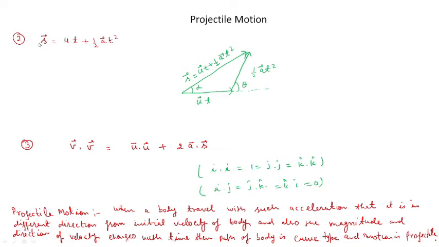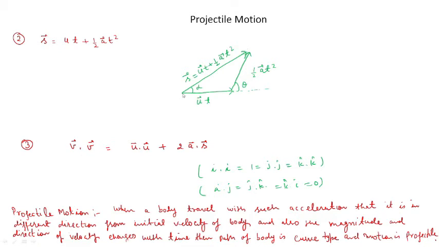The second equation of motion in vector form will be written as vector s is equal to ut plus half at square. Here first we will draw vector ut and then vector half at square.